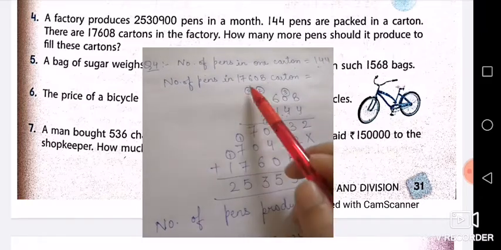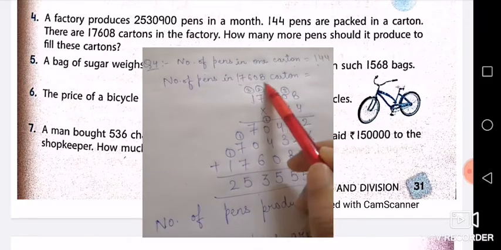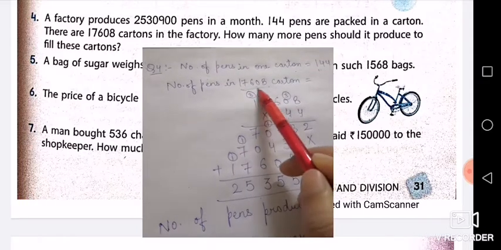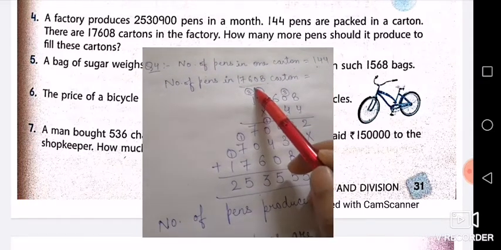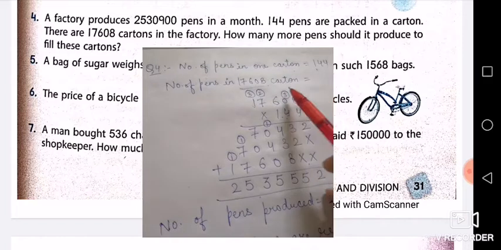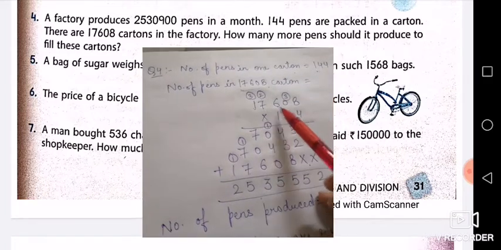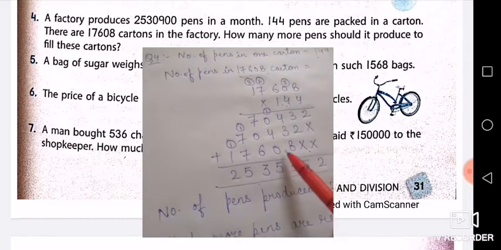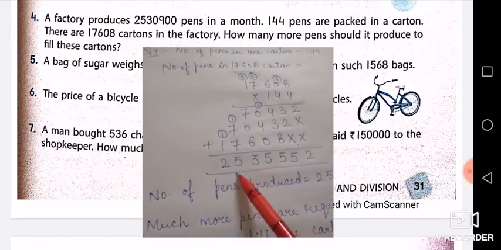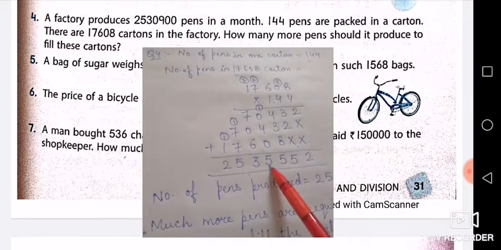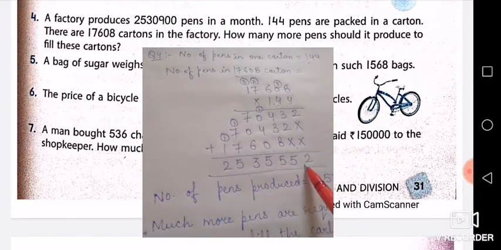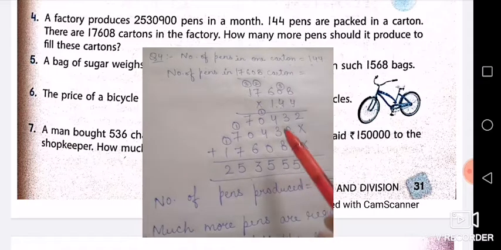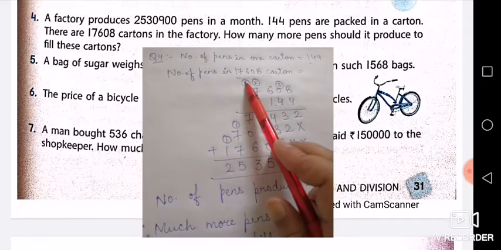Now the number of pens in these many cartons, how will you find it? The concept of one and many. So you are going to multiply this 17,608 by 144. Now the answer has come that these many pens, 25,35,552 pens, are required to fill these many cartons.